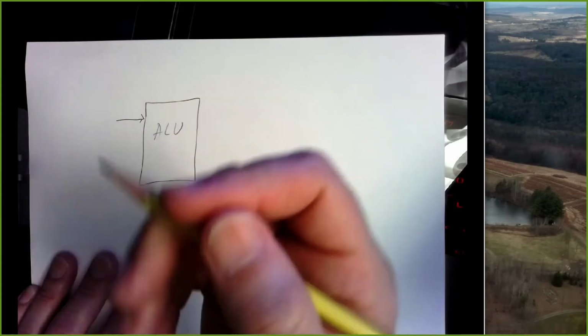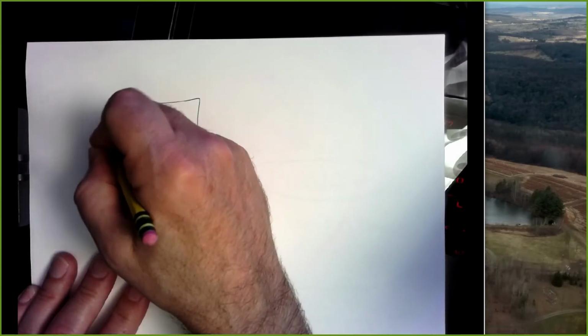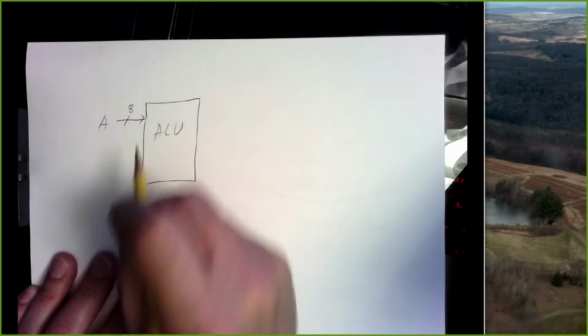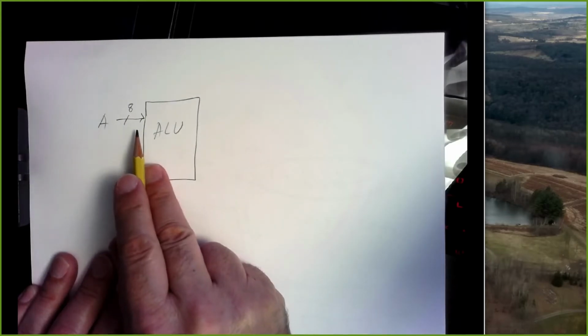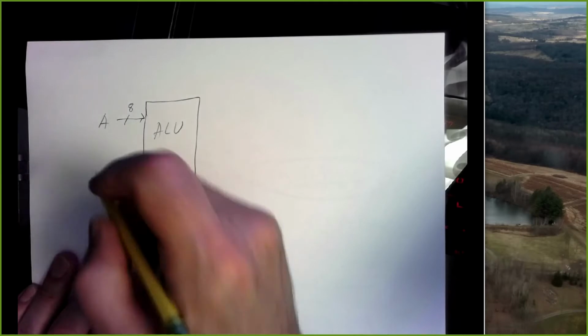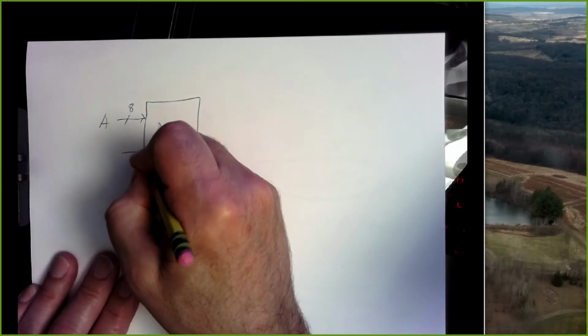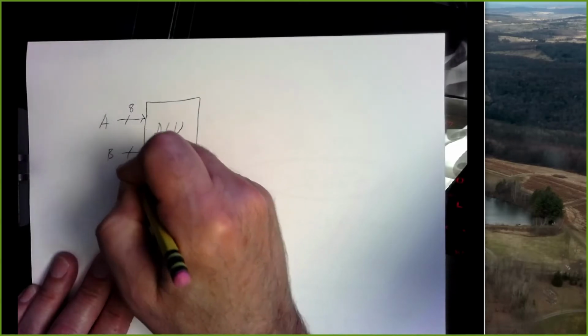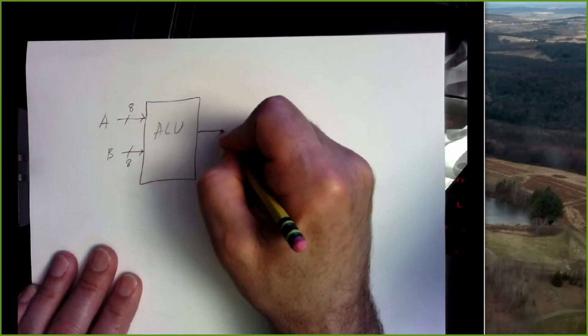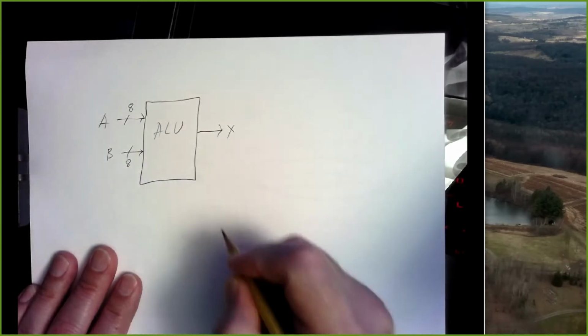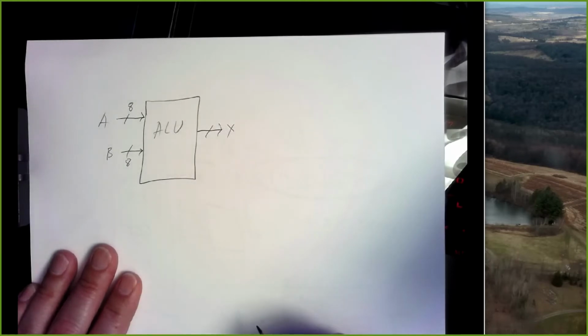So we might have two inputs going in. We might have an input A, and remember this slash with a number on top means this is actually 8 arrows. So this is an 8-bit number. And we'd have another 8-bit number B. And we have some output value X, and we don't know how many bits that is.